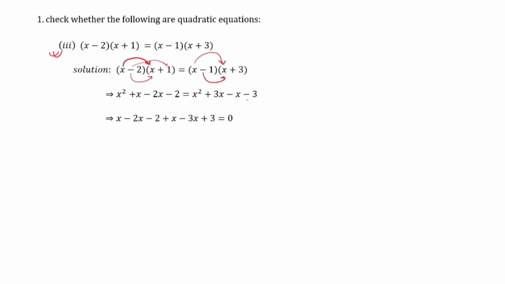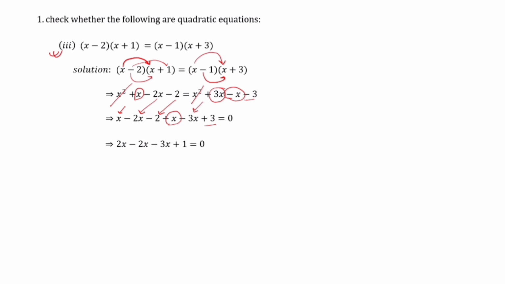So if you see clearly, this x and this get cancelled, so we are left with only this x here, and this 2 also is here, and this plus 3x I will shift to the left hand side, which will give me minus 3x, and this minus x, if I carry it to the left hand side, will give me plus x, and this minus also, if I carry it to the left hand side, it will give me plus 3.